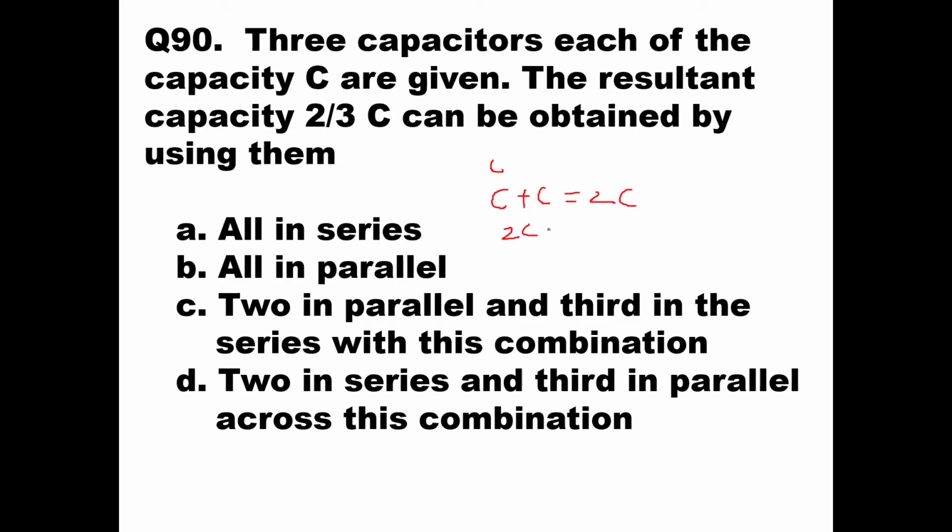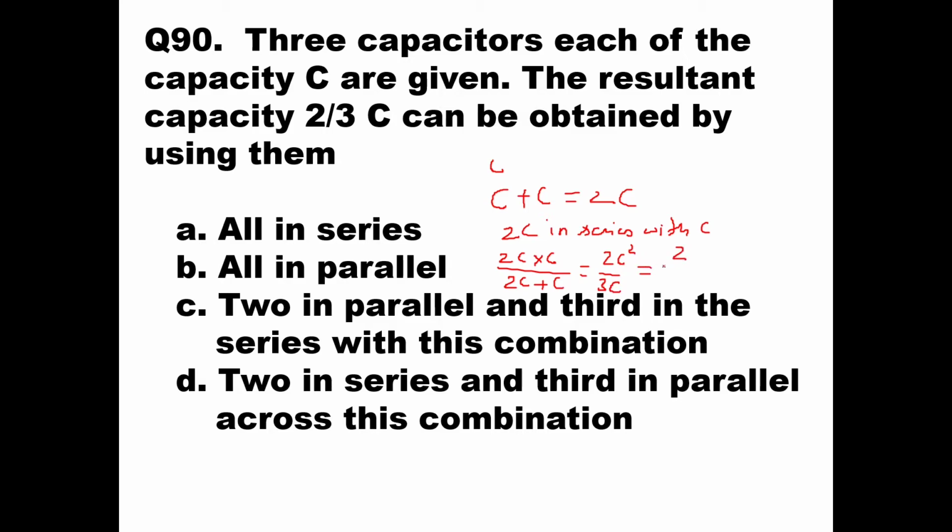So 2C in series with C, which will give you 2C into C upon 2C plus C, which is equal to 2C square upon 3C. So this C will go, this square will go.